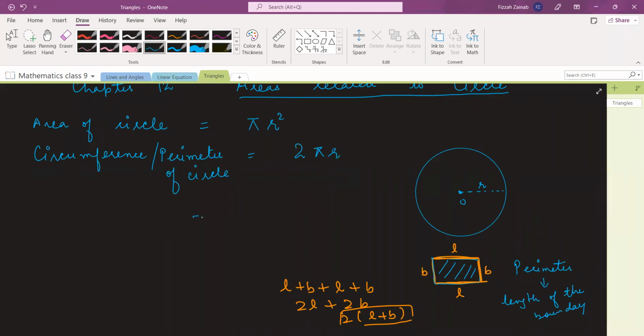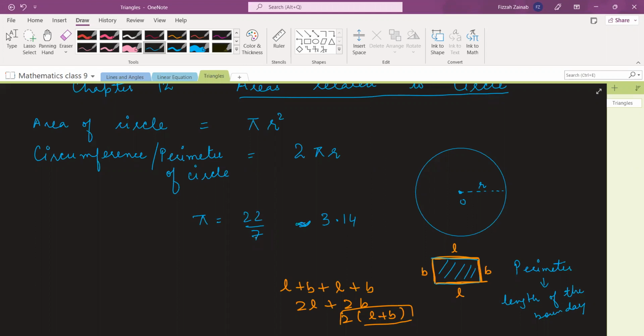All right. And what is the value of pi? This is 22 by 7, which is approximately taken as 3.14. It is not the exact value, because pi, as we have seen in chapter number 1, is an irrational number. It is non-terminating, remember?